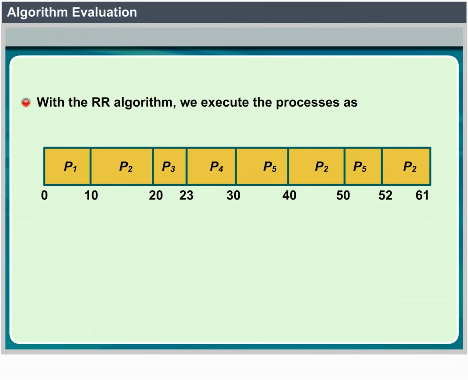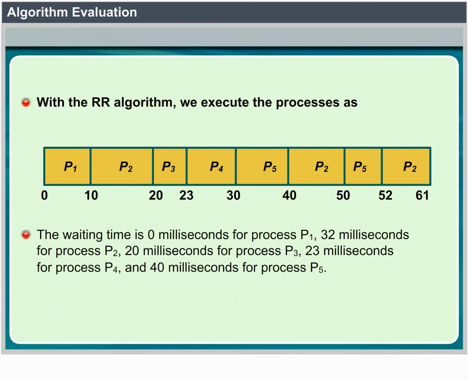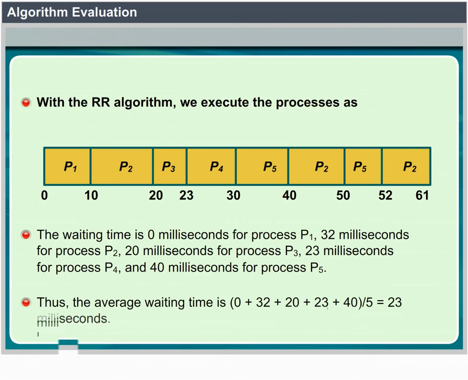With the RR algorithm, we execute the processes as: the waiting time is 0 milliseconds for process P1, 32 milliseconds for process P2, 20 milliseconds for process P3, 23 milliseconds for process P4, and 40 milliseconds for process P5. Thus, the average waiting time is 0 plus 32 plus 20 plus 23 plus 40 divided by 5 equaling 23 milliseconds.